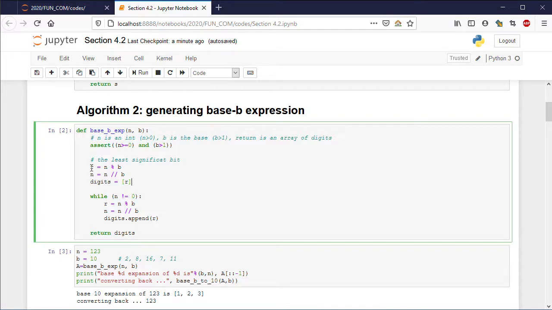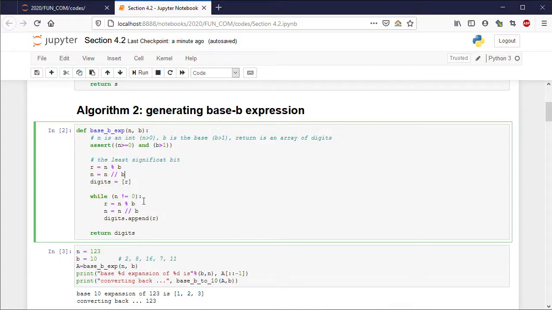All right. So the first remainder will be the least significant digit. All the rest of the digits will be appended to the list. And then after we find the least significant digit, n equals n divided by b. So this is an integer division in Python.